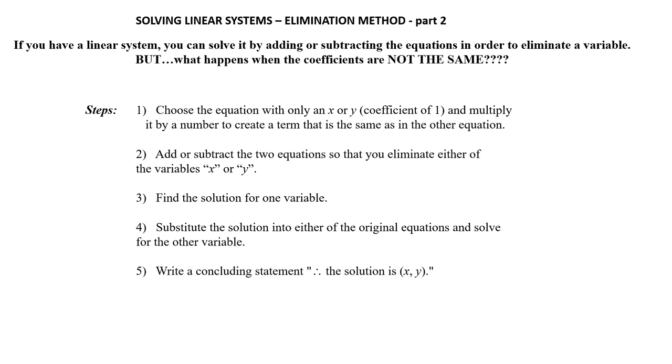Well, what we can do is find one of the variables where the coefficient is 1 in one of the equations and multiply it by a certain number so it matches the coefficient of the variable in the other equation. Now, this sounds a little confusing, just saying it as such, so let's look at some solid examples.